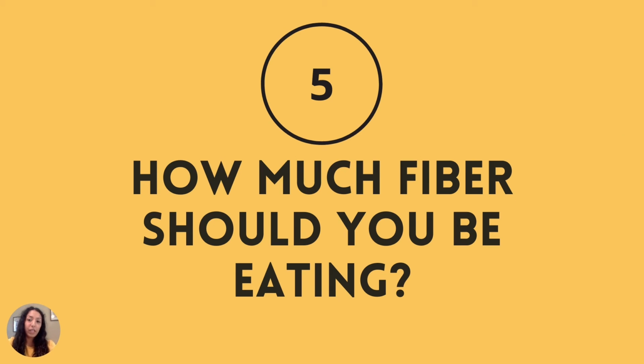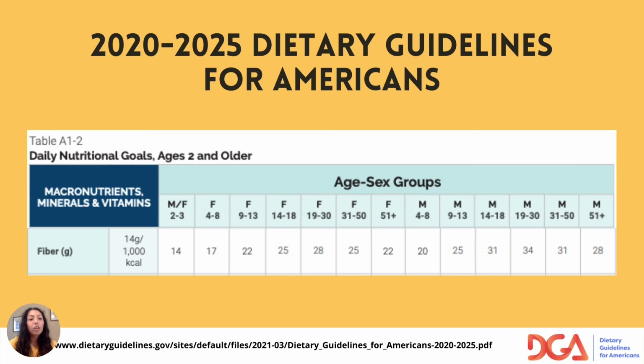So how much fiber should you be eating? Because most Americans do not eat enough fiber. According to the 2020-2025 dietary guidelines for Americans, we should be eating between 14 to 34 grams of fiber per day, depending on your age and your sex.